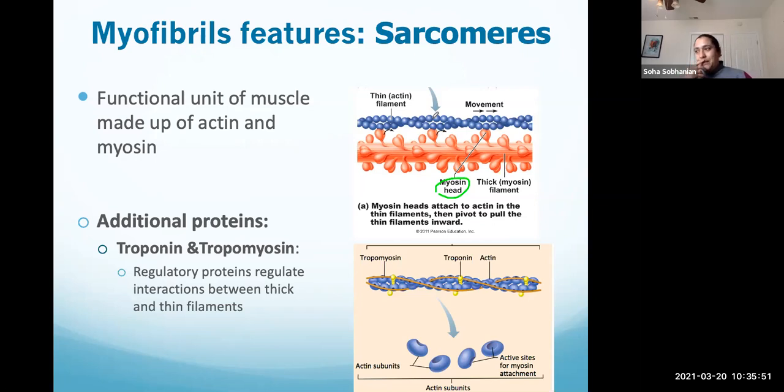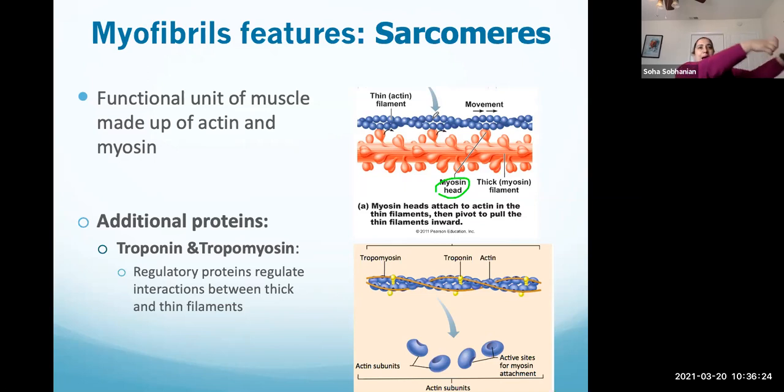The way I describe it to my students, if I was in a classroom, is imagine a tug of war. You have a rope and then your hands. By looking at this picture, the blue beaded structure, which is your actin, is your rope, and your hands holding onto the rope are your myosin heads. What do you do in a tug of war?